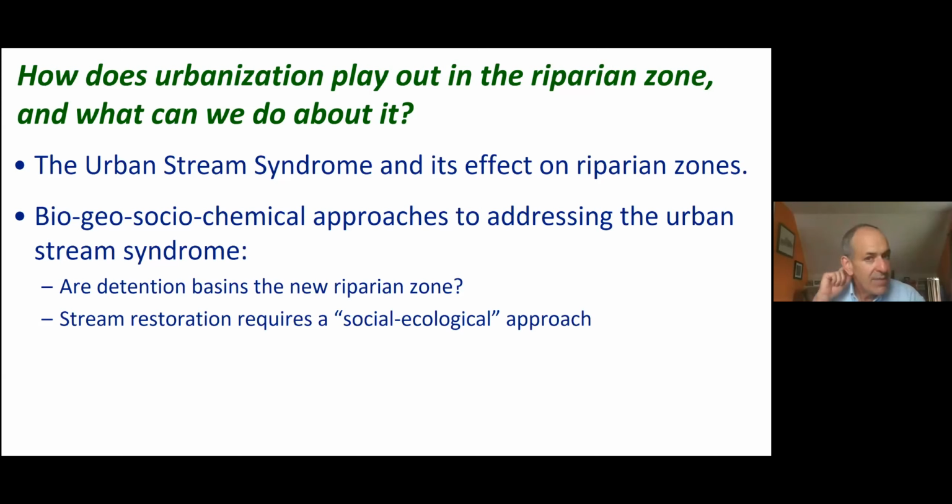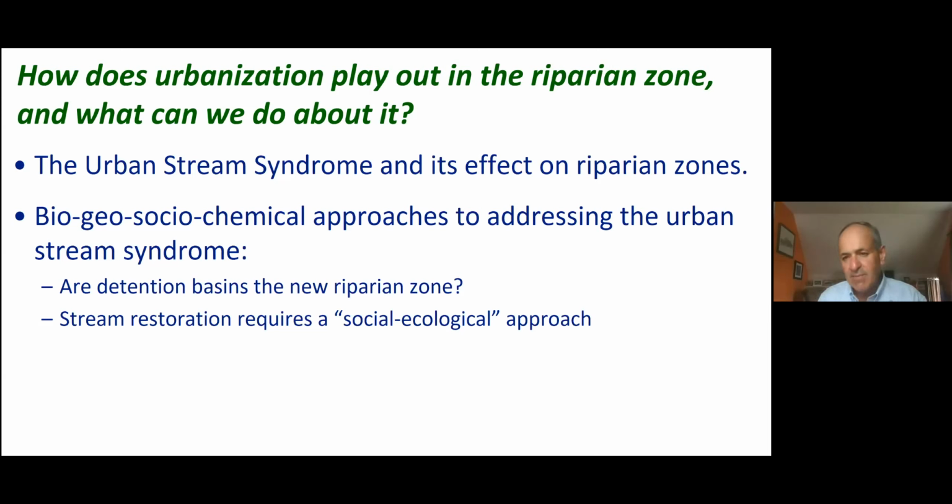So I'll talk a little bit about what we call the urban stream syndrome and how that plays out in riparian zones. I'm also going to talk about some of the recent research about how, if we want to address the effects of the urban stream syndrome on riparian zones and streams, we need an approach that incorporates social science. And we have a variety of terms for this. We call it a social ecological approach.